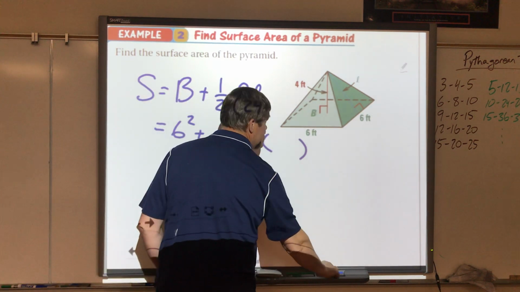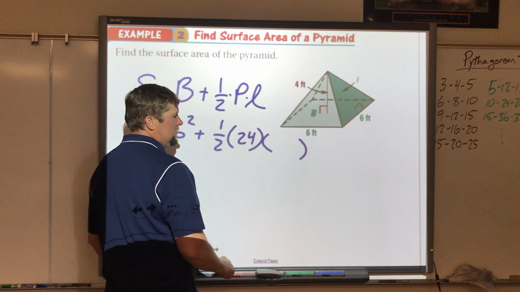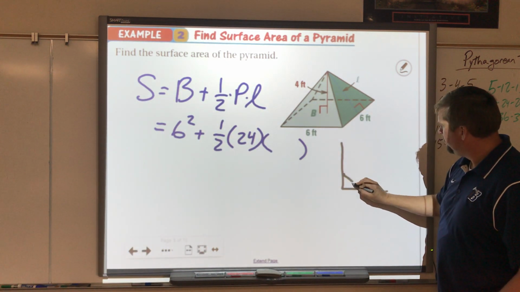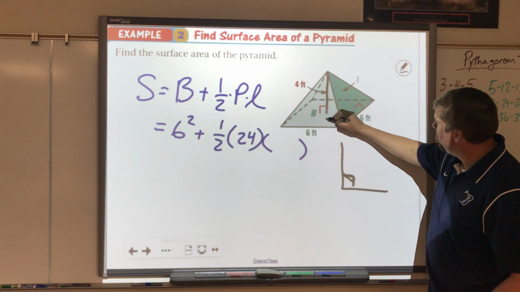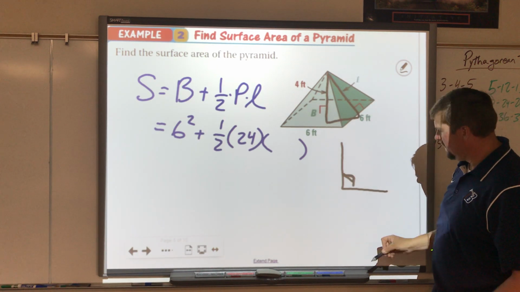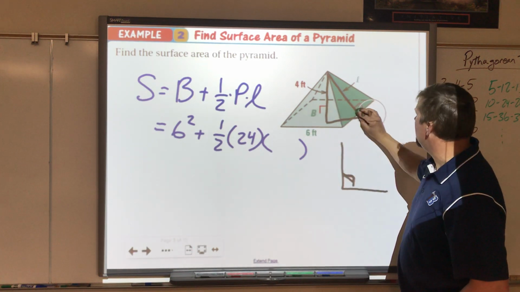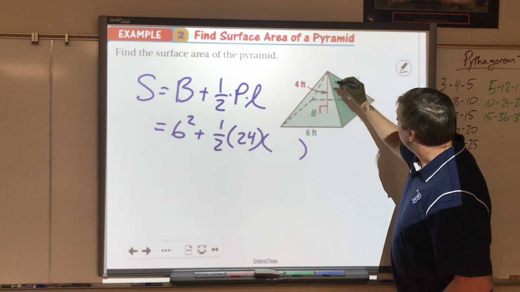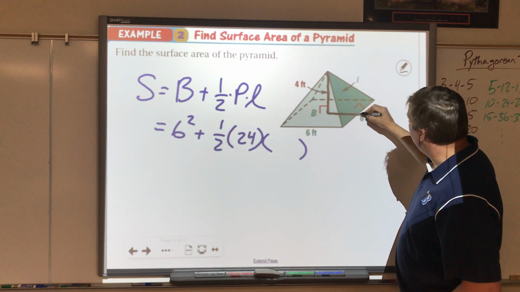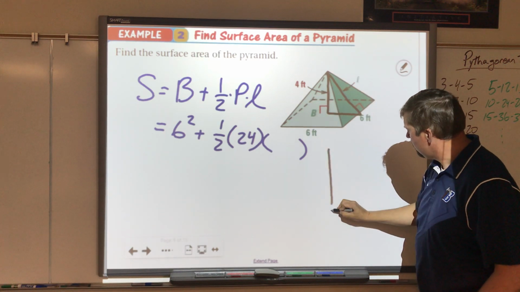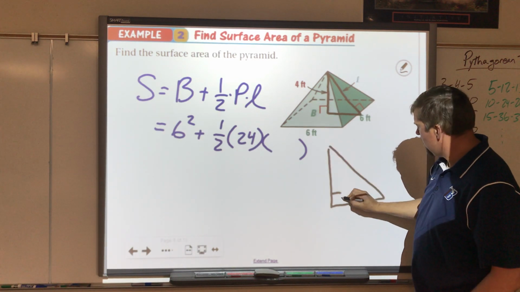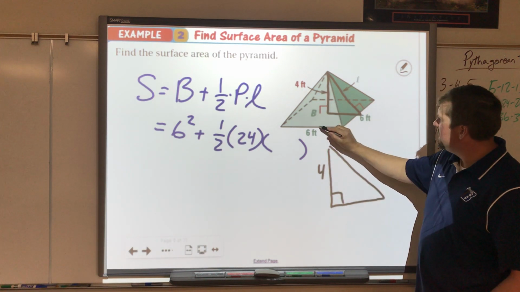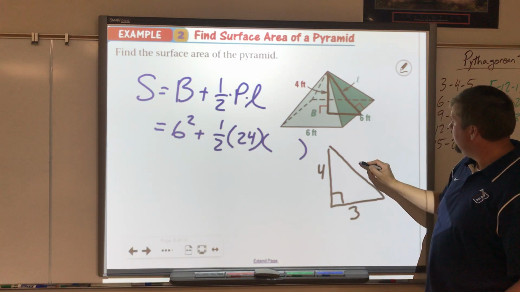So we have to do some side work. We're going to do some side work to find the slant height. We know the center triangle is right here. The height is 4. This side is 1/2 of 6, so 3, and this is the slant height.